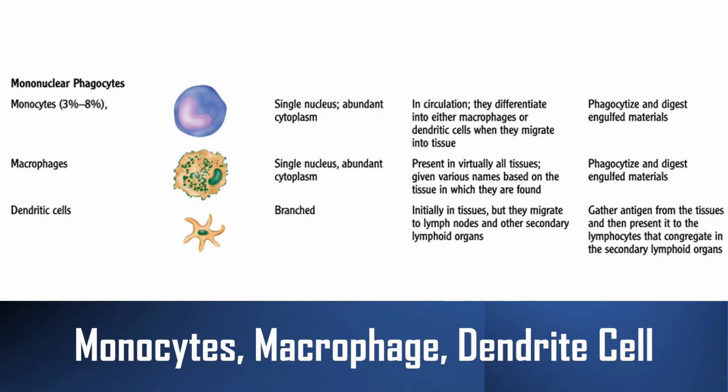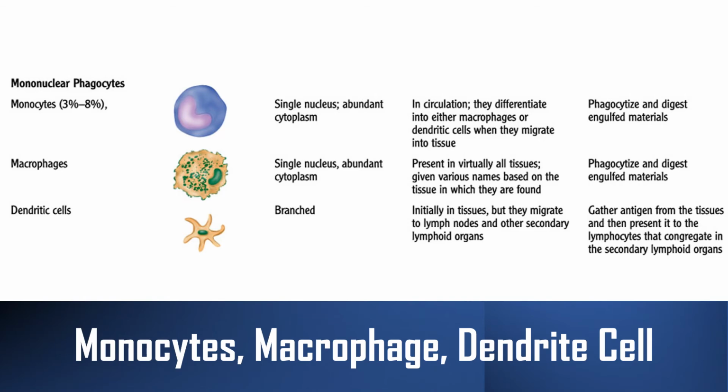Their function is to phagocytize and digest engulfed material. Coming on to macrophages, they have a single nucleus and abundant cytoplasm. They are present in virtually all tissues, given various names based on the tissue in which they are found. They phagocytize and digest engulfed material, the same function as monocytes.